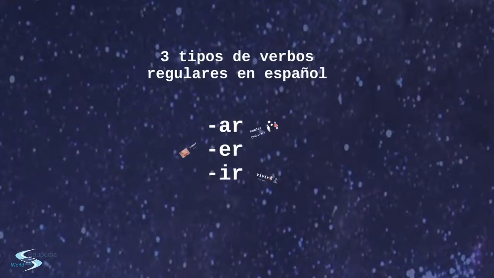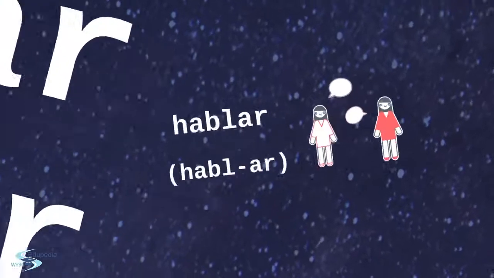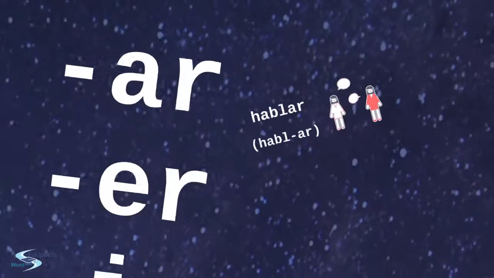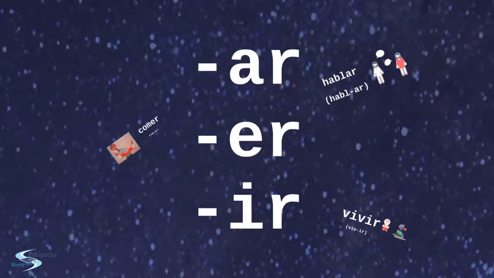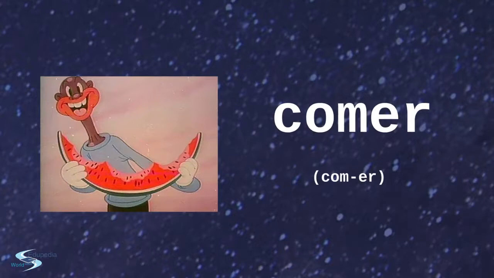So in Spanish there are three different types of regular verbs. Those ending with ar, such as hablar, to talk, hablar, right? Those ending with er, such as comer, to eat, comer. You see the ending.